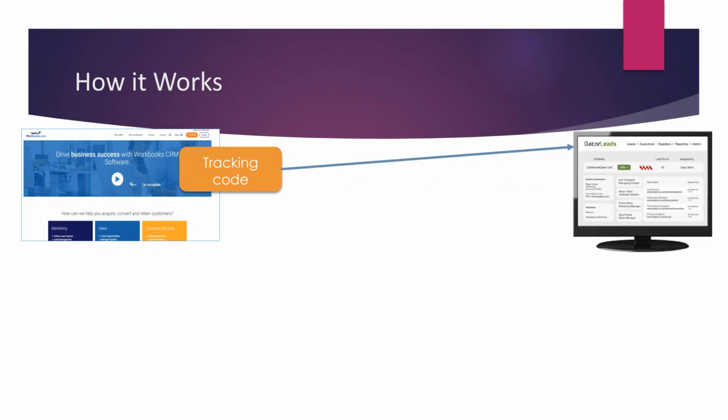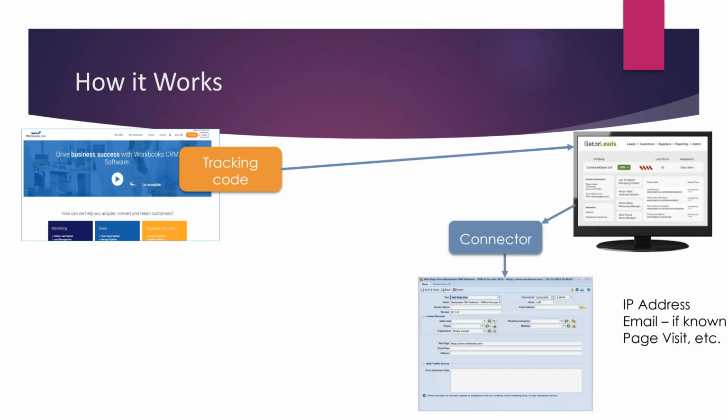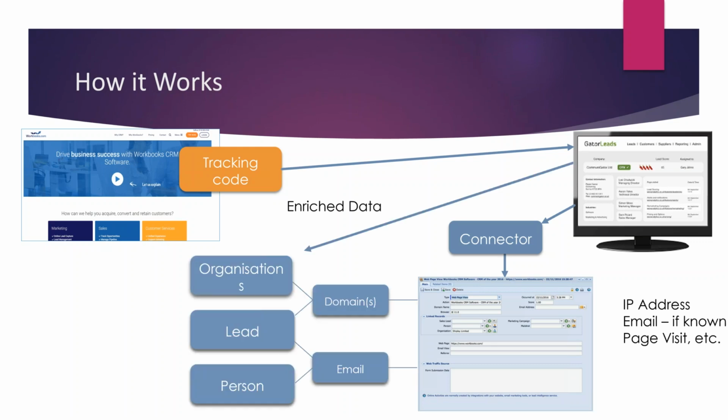Essentially what you do is place some tracking code on each of your website pages, which then talks to the Gator product, which in turn will push that data into your Workbooks application. So when any organization visits the site, it resolves the IP address of the visitor, places that against a domain name, and then populates it straight into Workbooks.